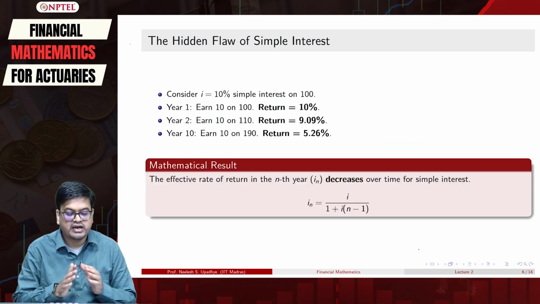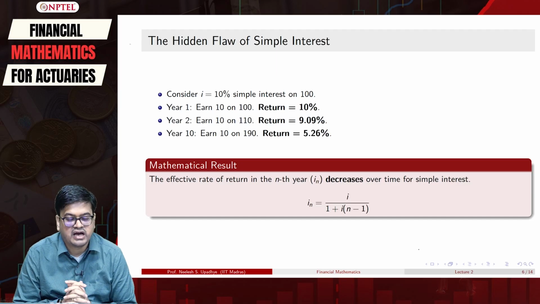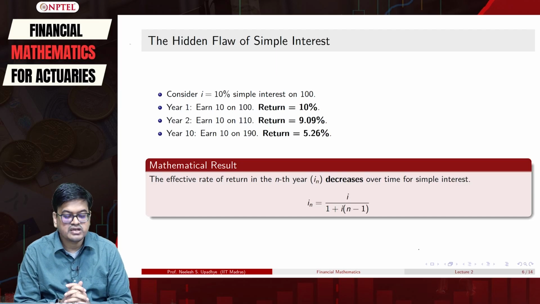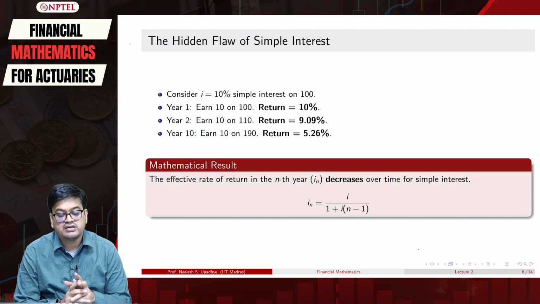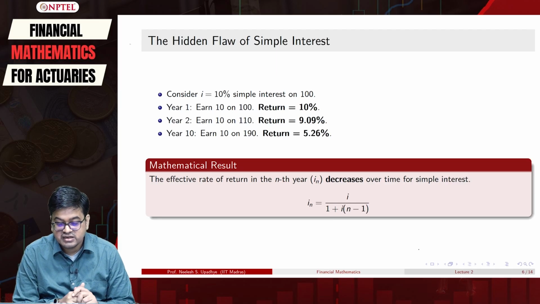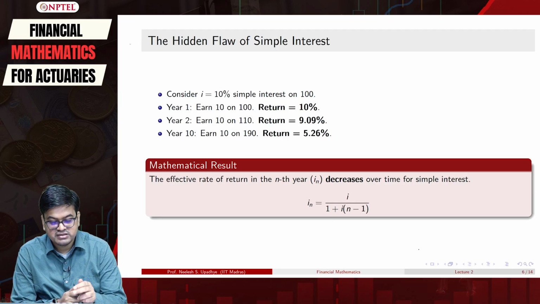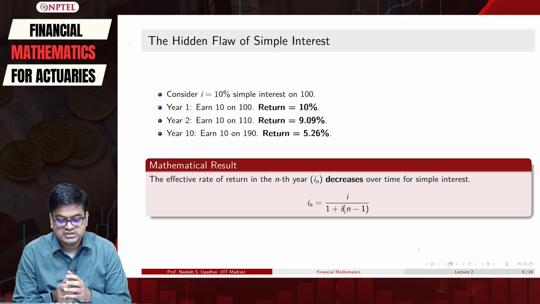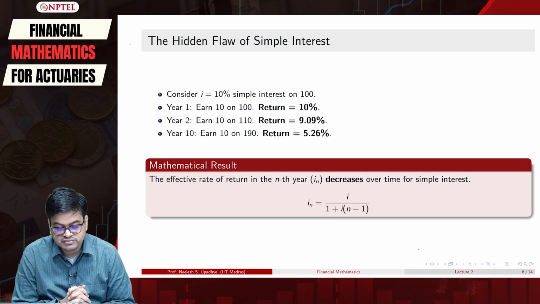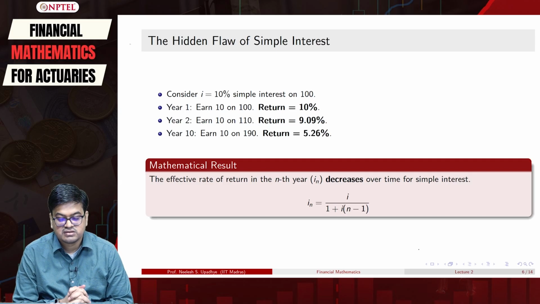So if I look at any nth time period, the effective rate of return in the nth year, IN, decreases over time for simple interest by this particular logic, which I have just now shown you, correct. So that's the idea.